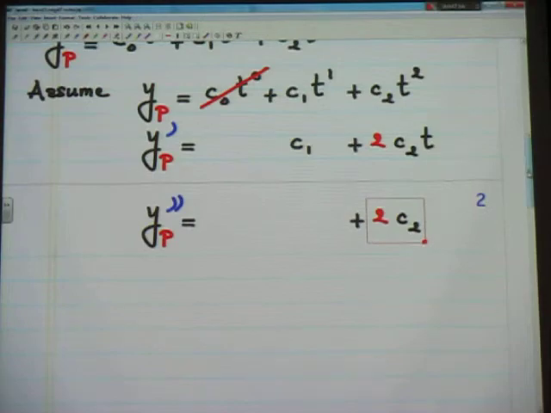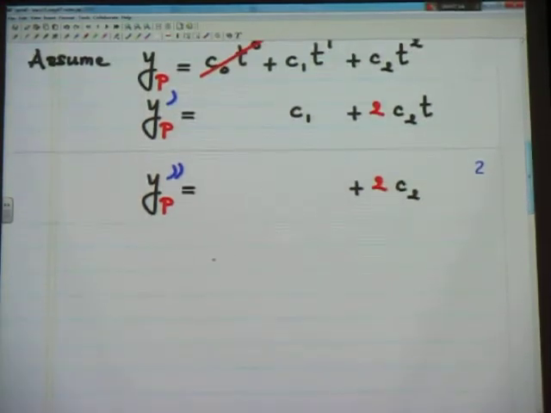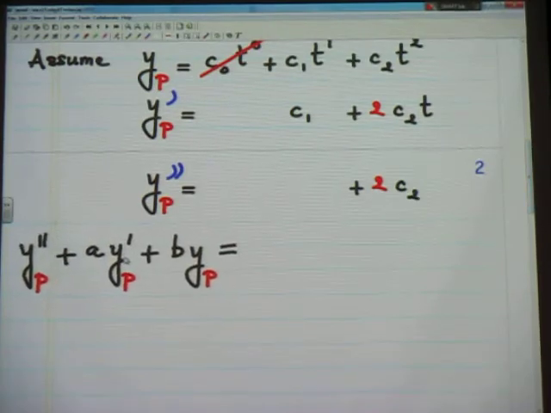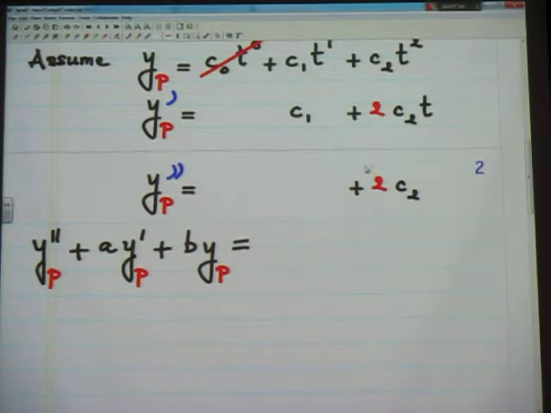So now replacing the result into the left-hand side, maybe let me write the left-hand side so that one can follow. Okay, so this is the left-hand side. And then we just put 2C2, that's YP double prime, right?